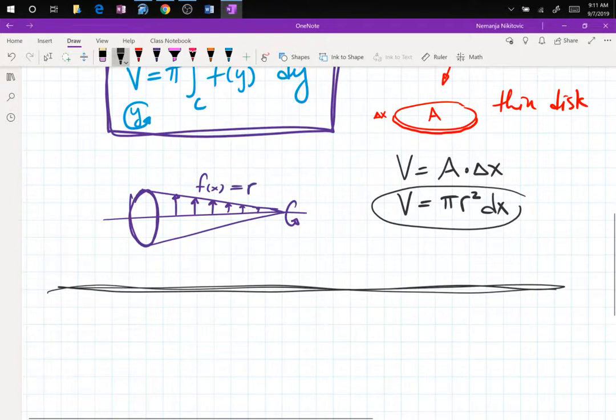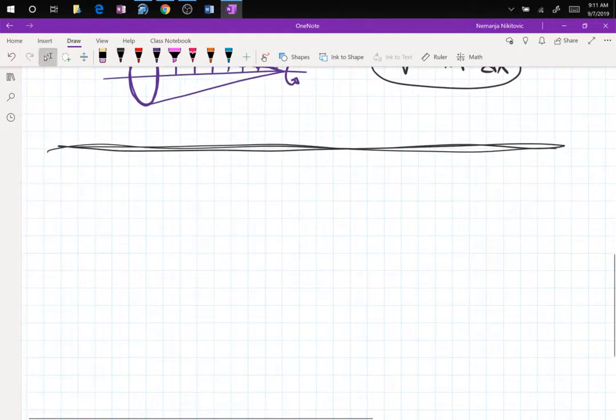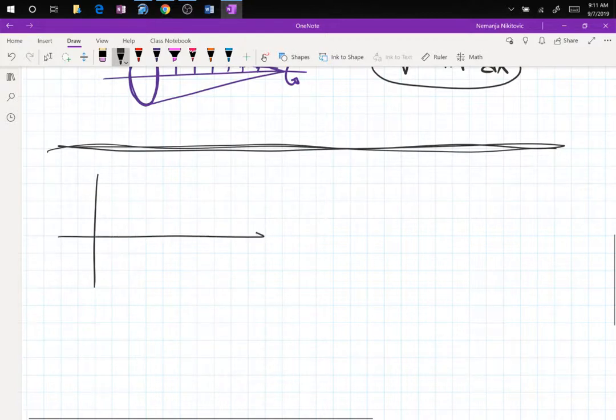So let's say that you want to calculate, well, let's put something over here. Something that we can easily check, which would be a cylinder, a tube. So let's say you have a straight line segment going from 0 to 1, 2, 3, 4, 5, 6 to 7.